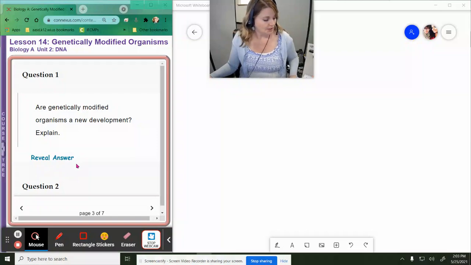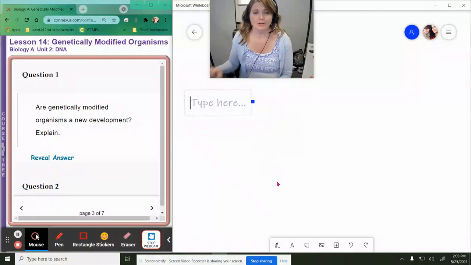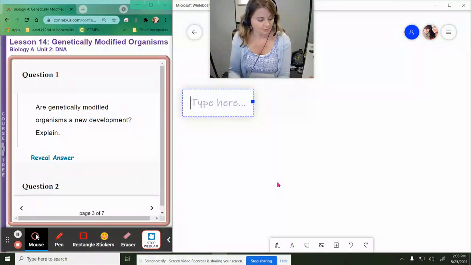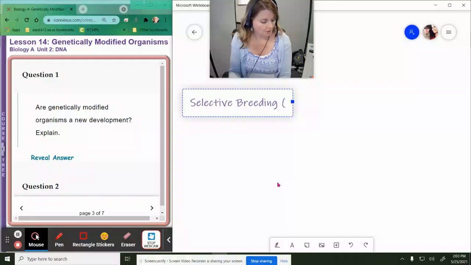So, GMOs, or genetically modified organisms. The lesson starts by discussing what GMOs started off as being. Genetically modified organisms are all over the place. They're all around us. They've been around for thousands of years through a process called selective breeding, which is also called artificial selection.